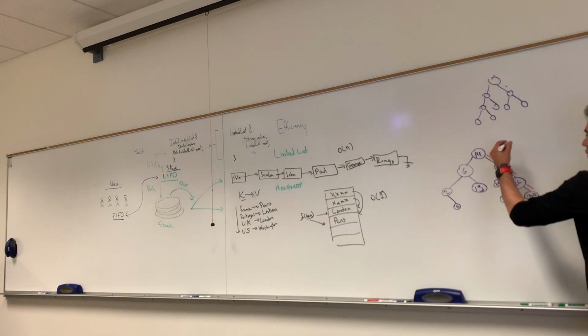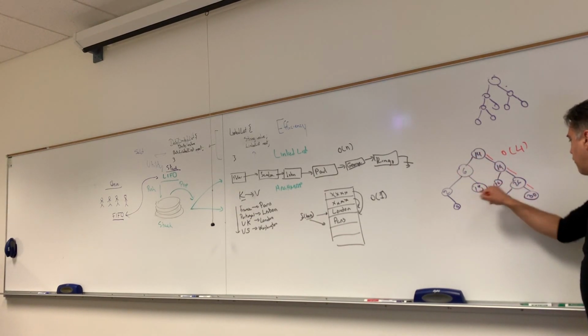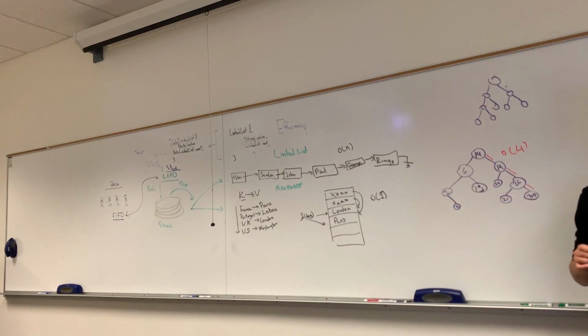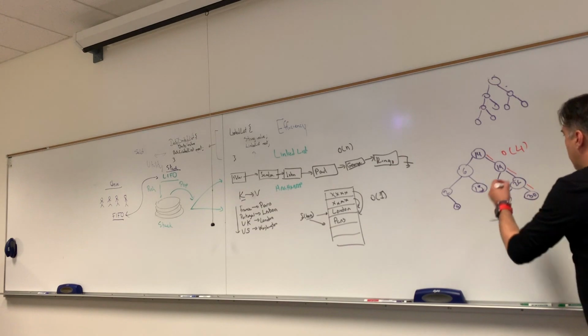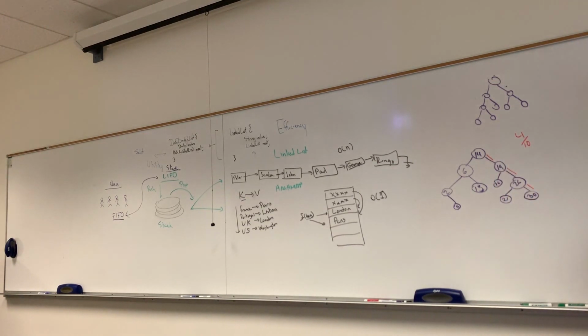So we only visited 4 nodes, as opposed to 1, 2, 3, 4, 5, 6, 7, 8, 9, 10. So we did 4 out of 10 nodes. We've essentially cut the amount of time or the amount of operations by using this data structure.